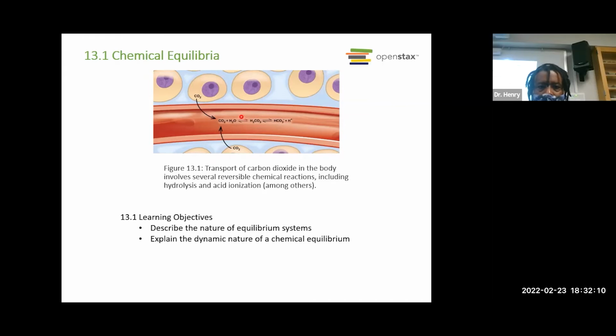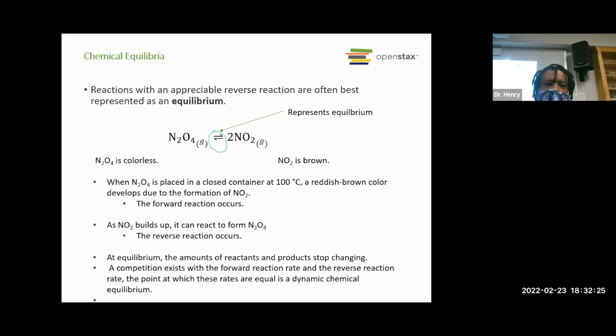If you notice, there's an arrow going in one direction and an arrow going back in the other direction. This represents equilibrium. That means you have a reaction going in the forward and the reverse direction. So when we talk about chemical equilibrium, it's basically a reversible reaction.